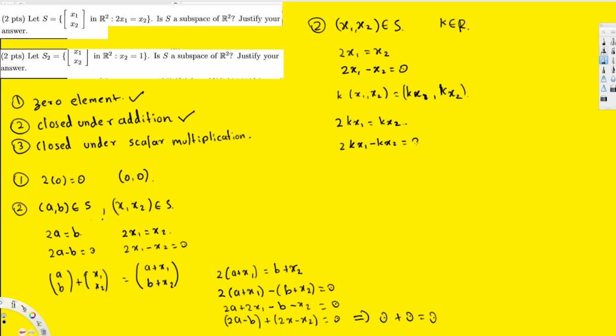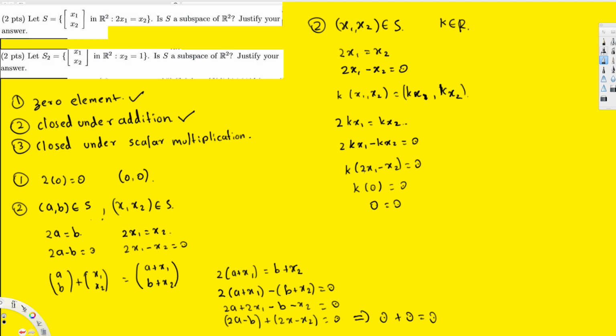We have to make sure whether it is 0. To do that, I can take k common: k times (2x1 minus x2) is equal to 0. We know that according to the equation, 2x1 minus x2 is 0, so I can substitute here. k times 0 is equal to 0. Therefore it's true for scalar multiplication.